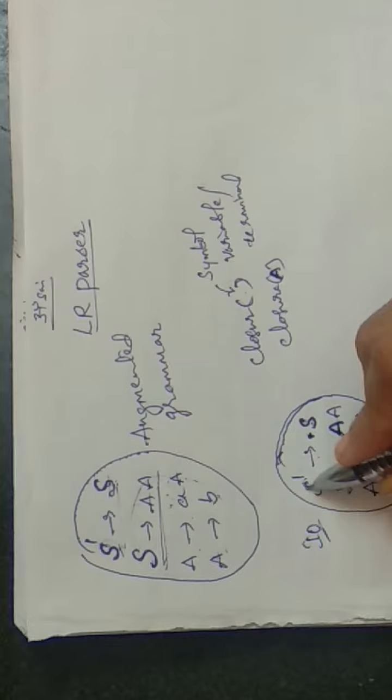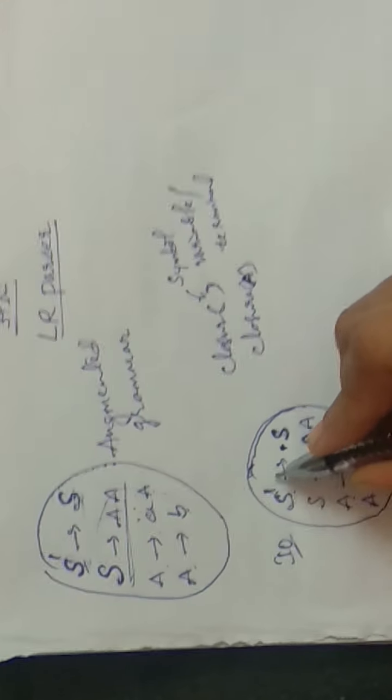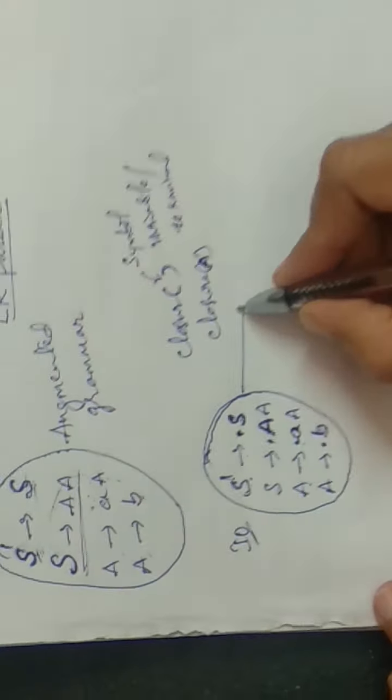So first consider this production, S dash implies dot S. So now this dot, after scanning this symbol, I'll take this as a transition input symbol. After scanning this, it becomes S dash implies S dot.